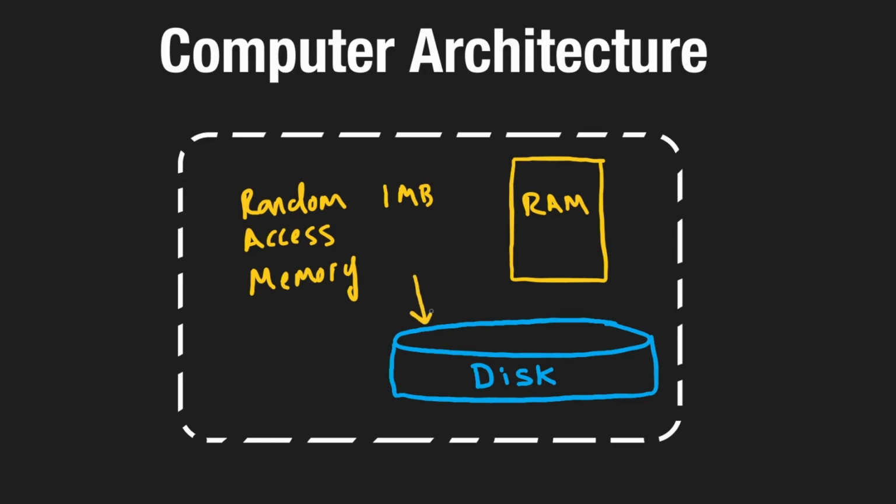Reading and writing from disk is typically measured in terms of milliseconds. A millisecond is 10 to the power of negative 3, aka 1 divided by 10 to the power of 3. So a millisecond is actually a lot bigger than a microsecond. So when we say RAM is a lot faster than disk, we're not talking 10% faster or 50% faster.